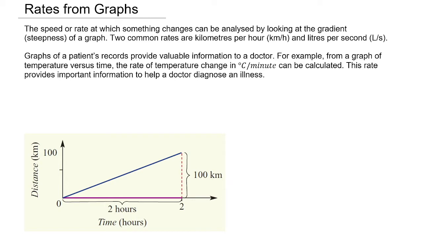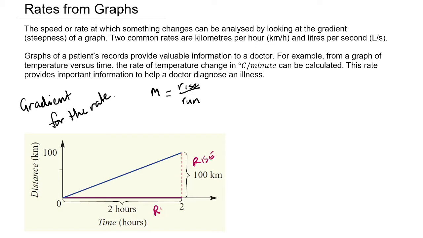Now, to make it a little bit easier to find the rate, we use the gradient. For our purposes, we use the gradient for the rate, where m equals rise over run. In our example down here, we've got our rise and we've got our run.